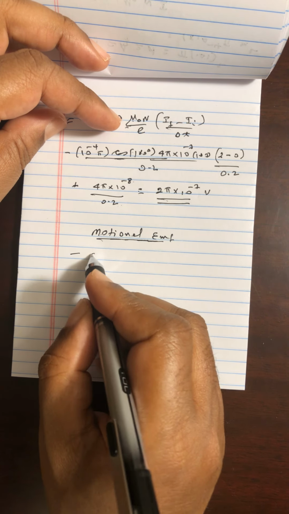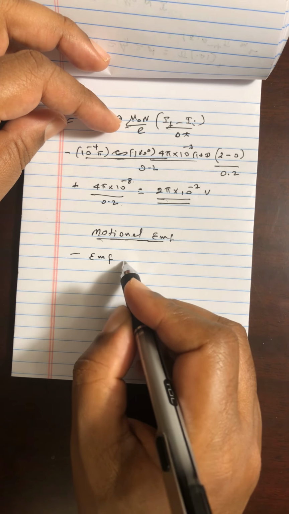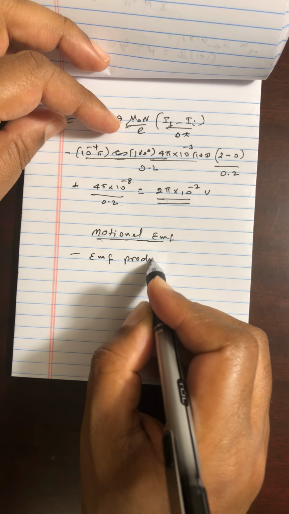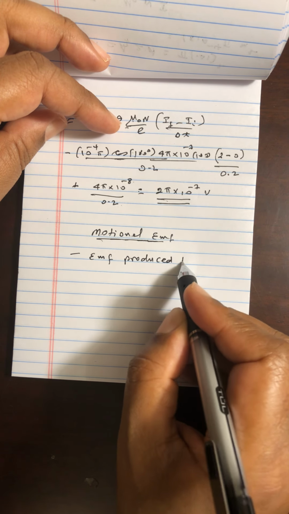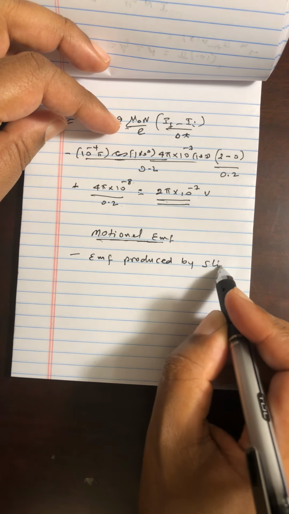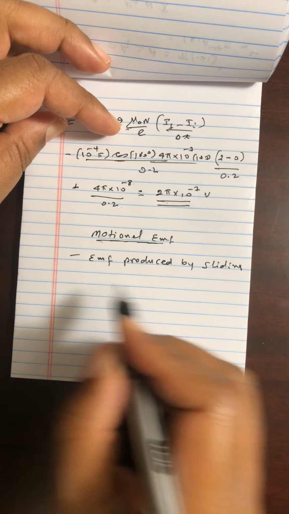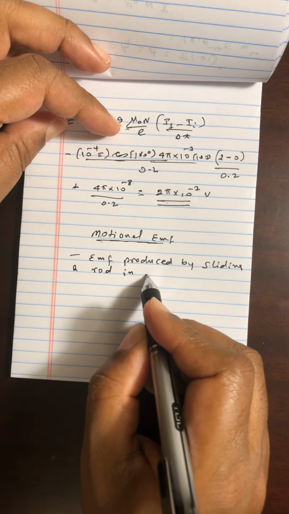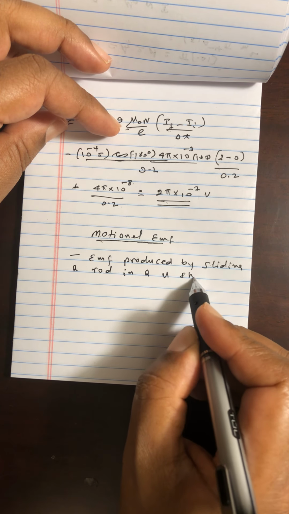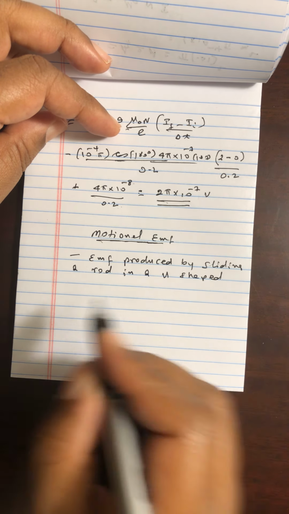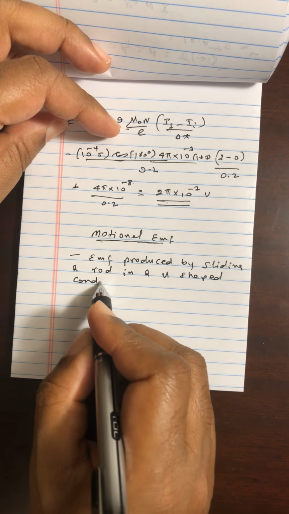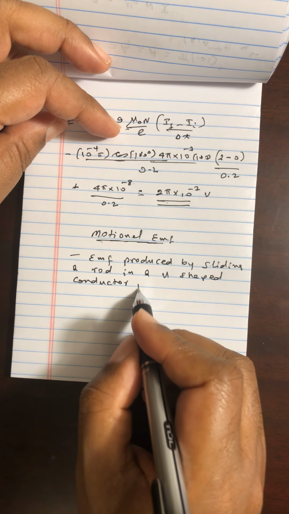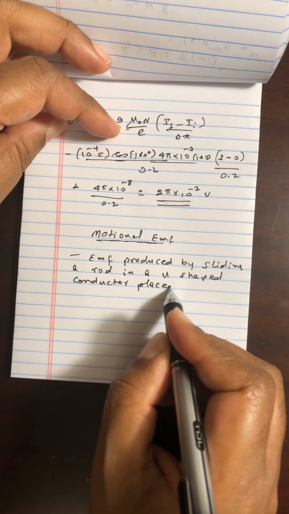This is EMF produced by sliding a rod in a U-shaped conductor placed in a magnetic field.